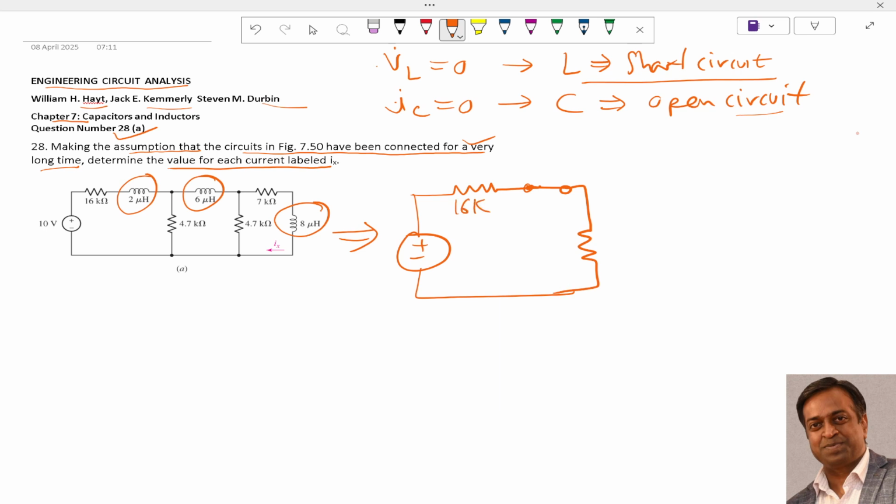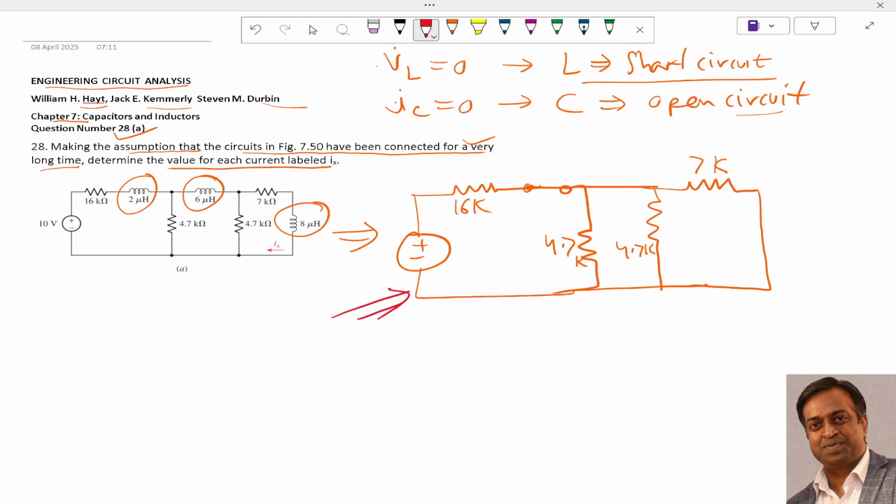It is 16K, it is 4.7K, again 4.7K, and then we have this 7K, and then again a short circuit. This will be the circuit that we obtain after short circuiting all these three inductors. And this is the Ix current, so this is our Ix, right?